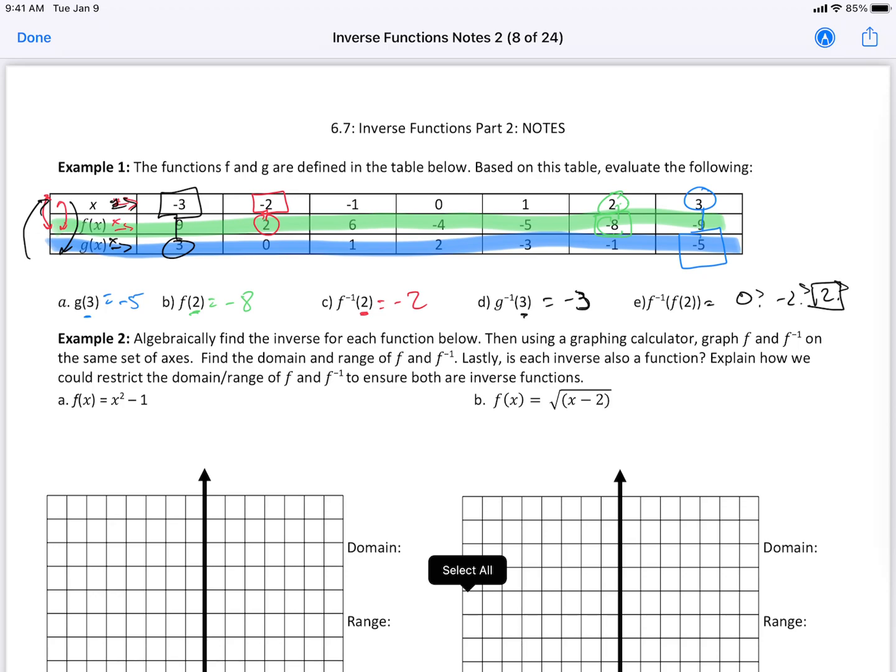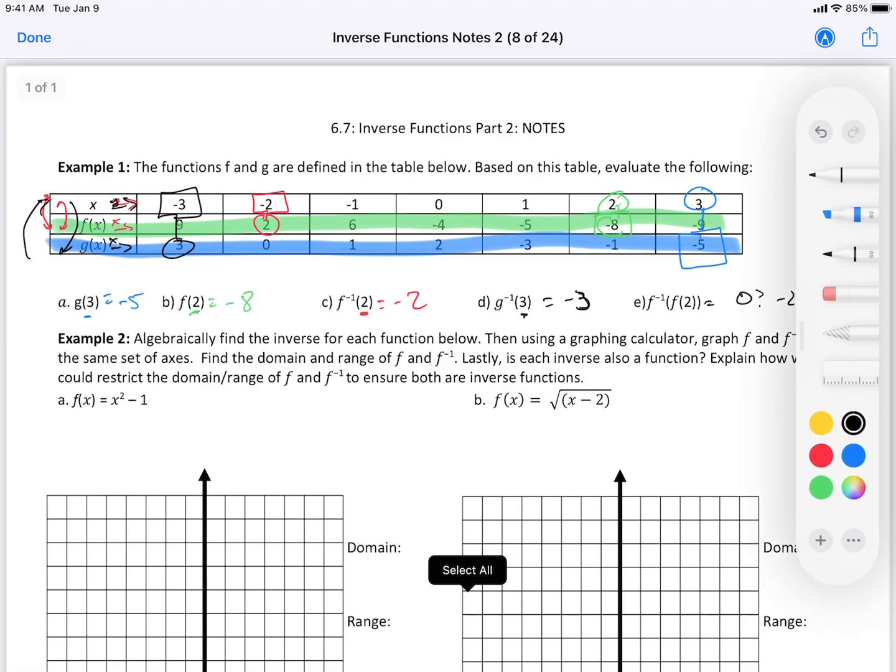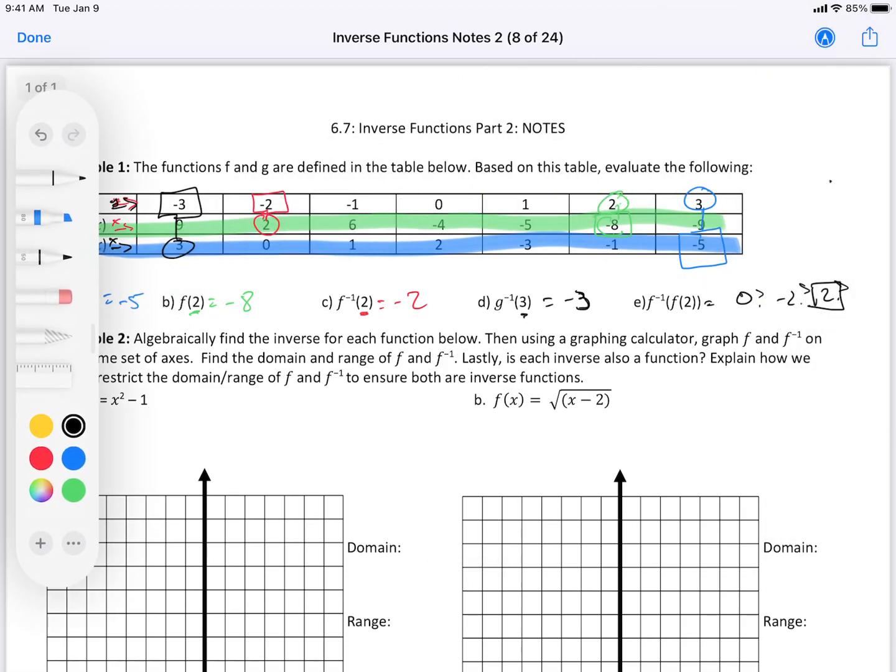Okay? And here's why. So it is actually 2 because, right, if I think about f of 2, what is f of 2?